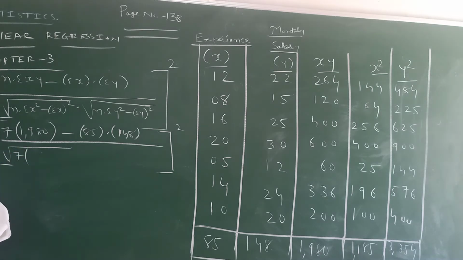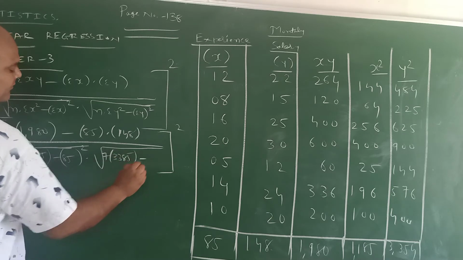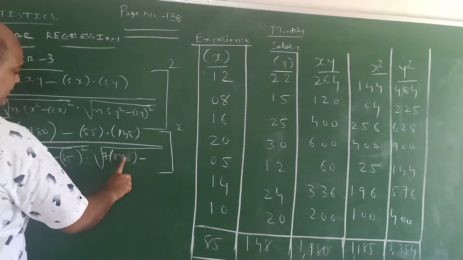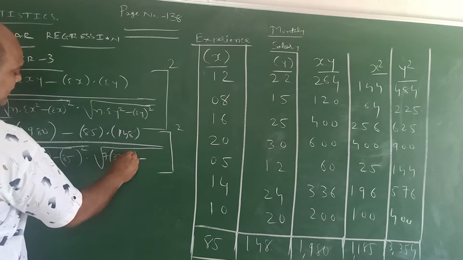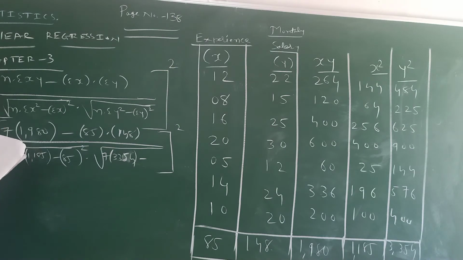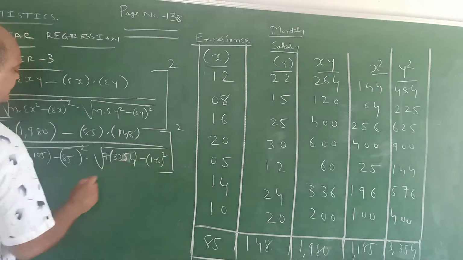Sigma x square is 1185 minus sigma x the whole square, so 85 square, 7 into sigma y square, 3354, minus 148, the whole square.